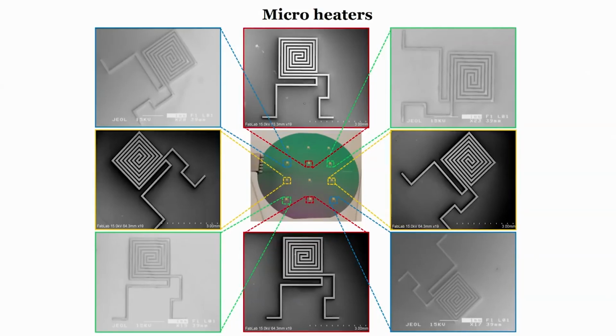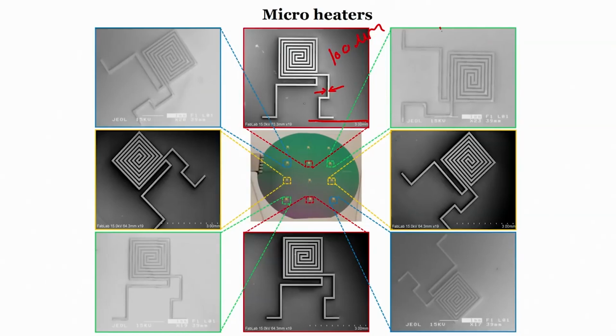When I talk about micro heaters, you can see very clearly that the bar is about 3 millimeter, and the width of this line is about 100 micrometers. The spacing is about 100 micrometers.